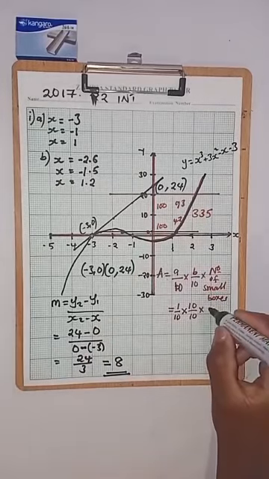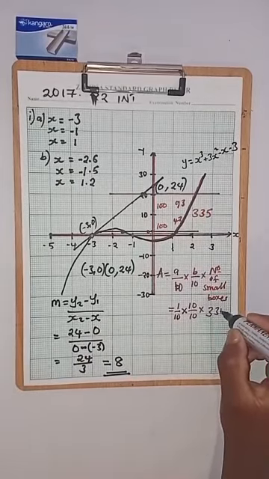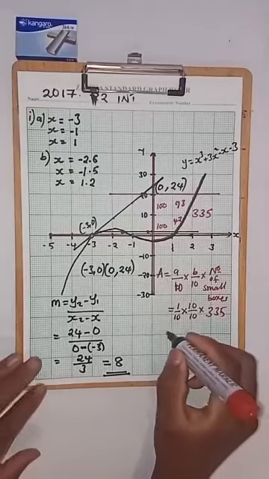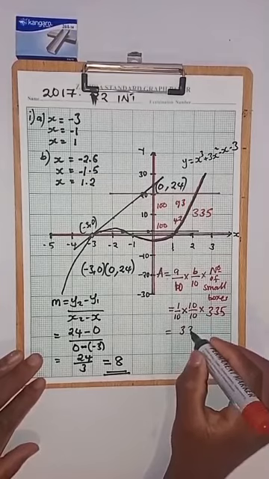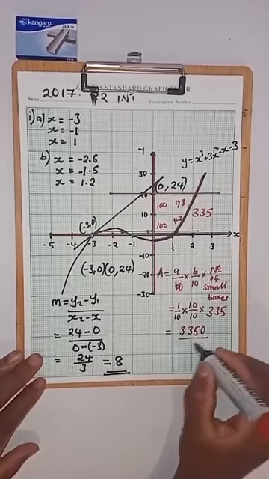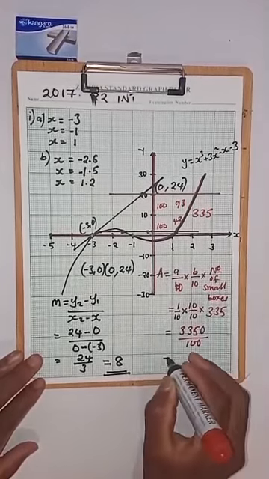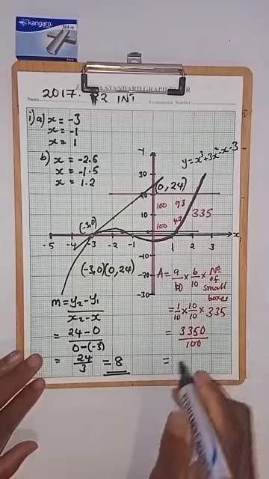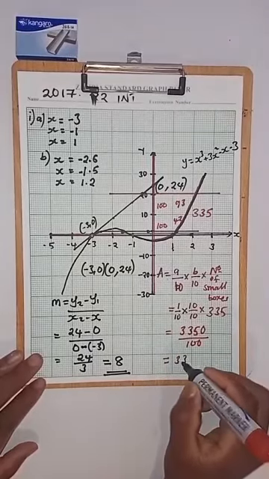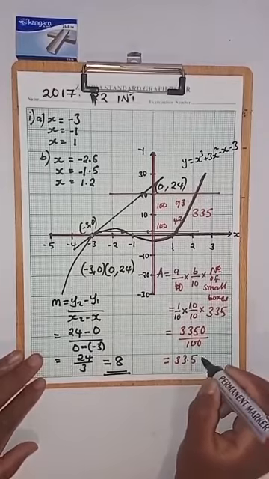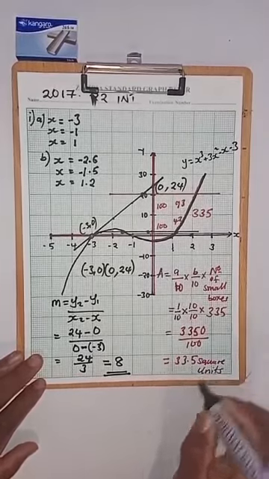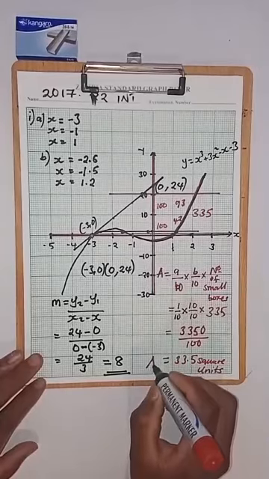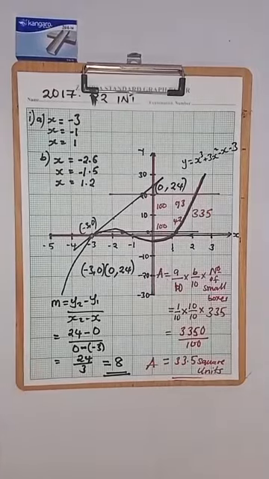So here you're going to say multiplied by 335, like that. Okay, 1 times 10 times that figure, we are going to get 3350 over 100. Then we're going to simplify this, you're going to get 33.5 square units. Like that. Okay, so this is how you can find area.